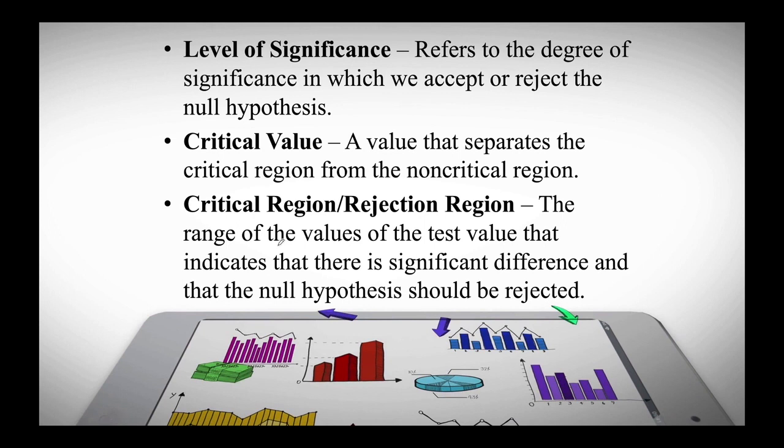Another term that we should know in this study of hypothesis testing is the critical value. Critical value basically means a value that separates the critical region from the non-critical region. Border siya na naghahati sa critical region and sa non-critical region. Ano ba tong critical region na to? Critical region, also known as rejection region.